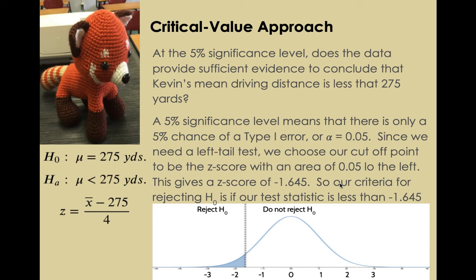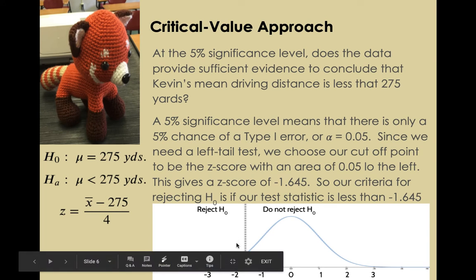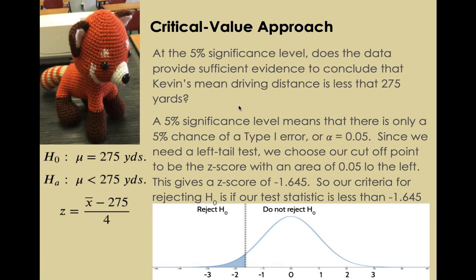Now, to determine what my cutoff value is, I'm going to go to that 5% significance level. So again, we have a 5% chance of a type 1 error, or my alpha of 0.05. We're doing a left-tailed test, so we want the area of the left tail to be 0.05.